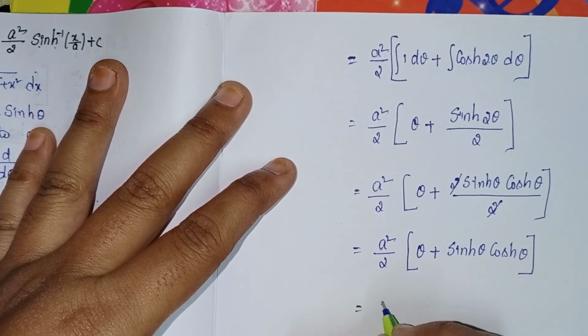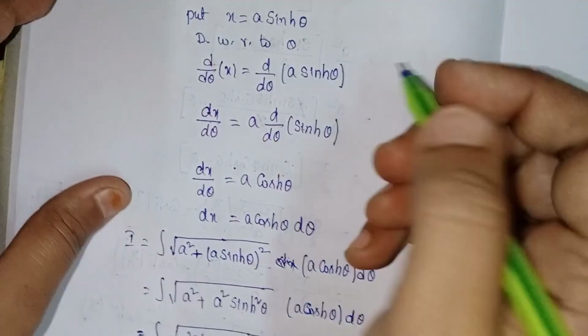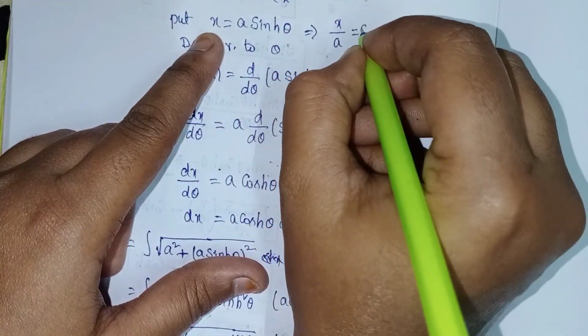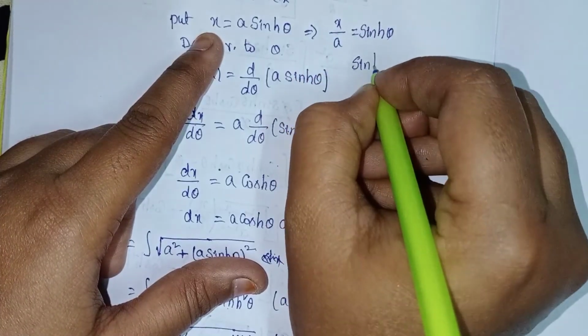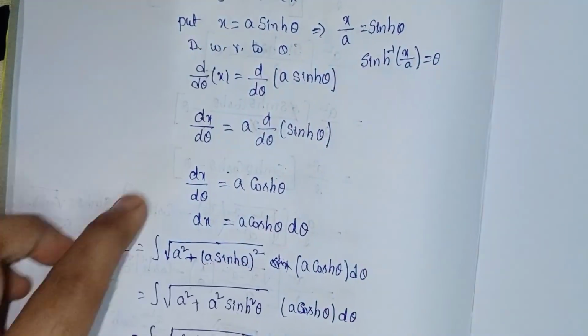A square by 2 into theta. Here x by a equal to sinh theta, so sinh inverse of x by a equal to theta.